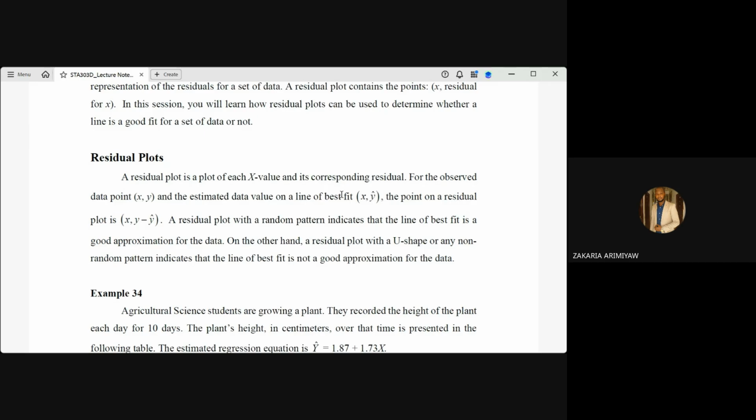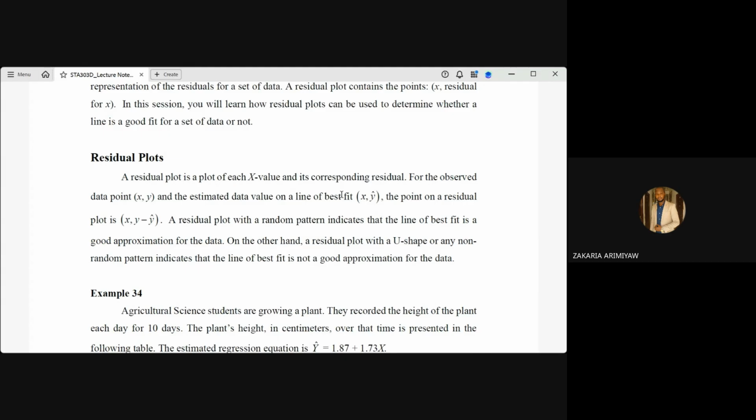If after you have constructed the residual plot, you observe that the plotted points are random, in other words haphazard, with no pattern, we say the residual points are random. For that matter, the regression equation is a good fit.